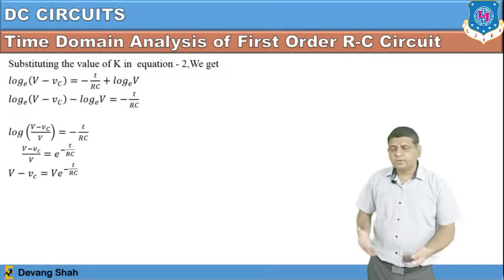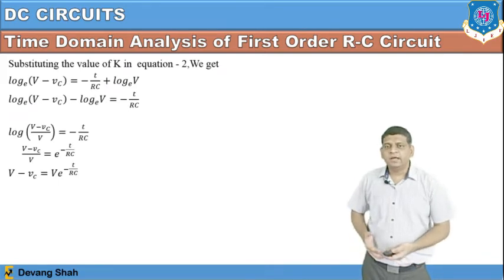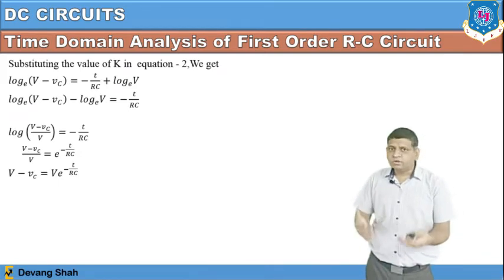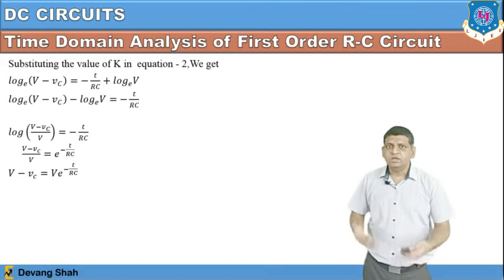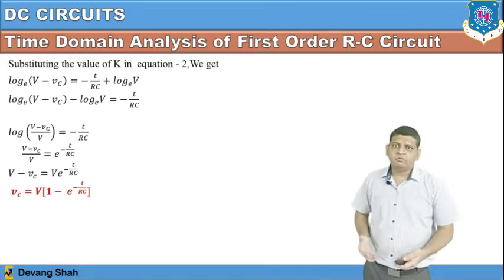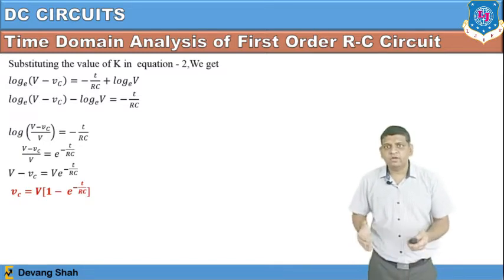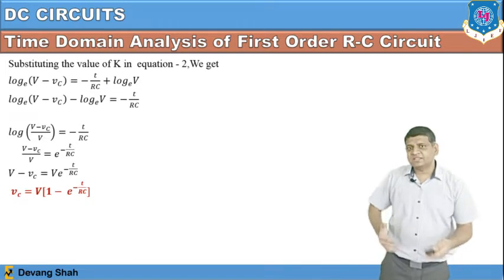Now, my job is to find the voltage drop across the capacitor throughout this mathematical analysis. So if I convert this equation in terms of Vc, I finally get Vc is equal to V times (1 minus e raised to minus t by RC). This is a very important equation, where you can see there is an exponential term.